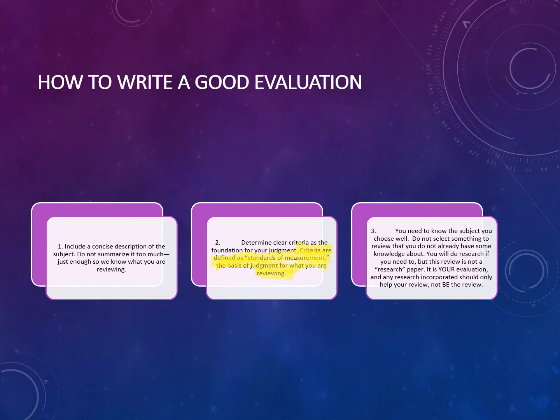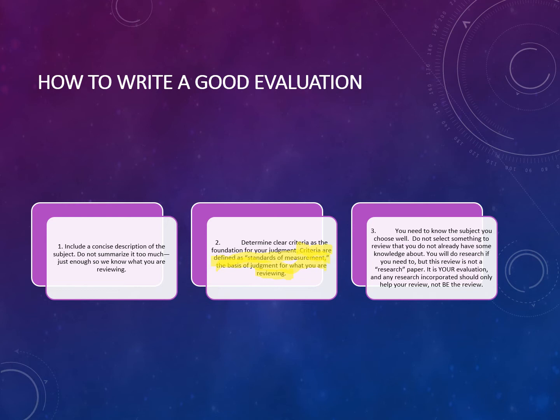You also need to know the subject you choose fairly well. I would not suggest that you select something to review that you don't already have some knowledge about. The review you're writing is 1,000 words, and because of the length and because we don't have an entire semester to work on it, it seems more logical that you'd be working on something that you already have at least a little bit of knowledge about.